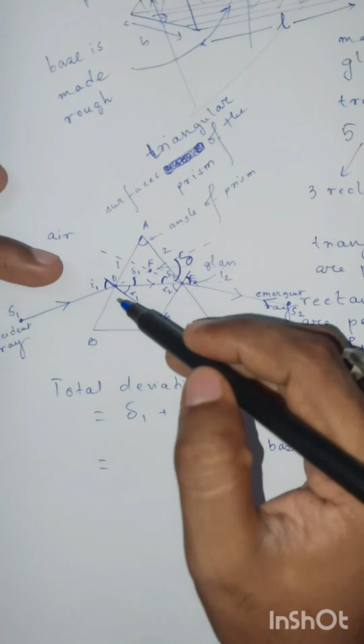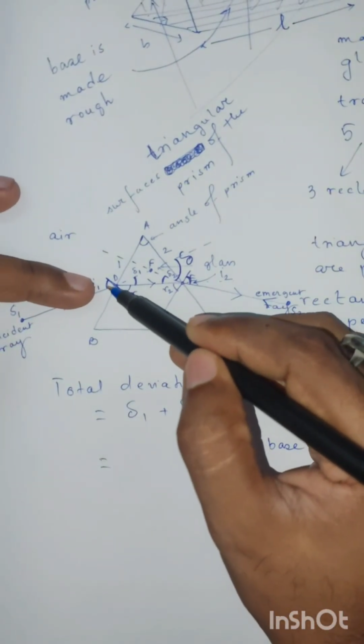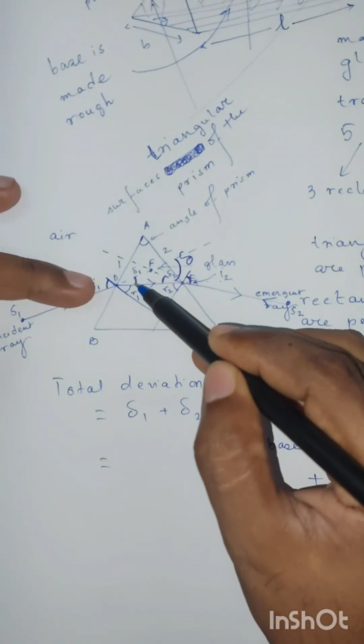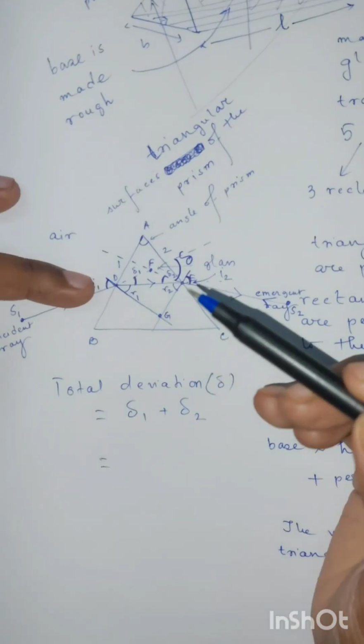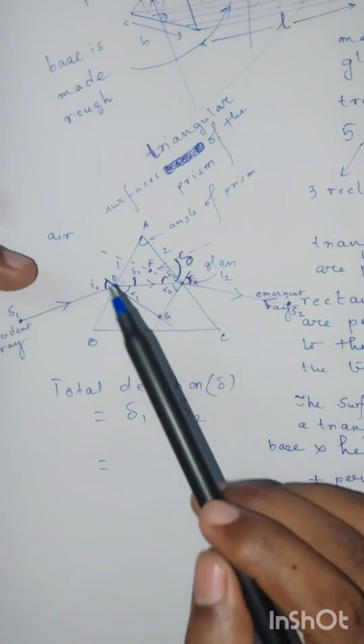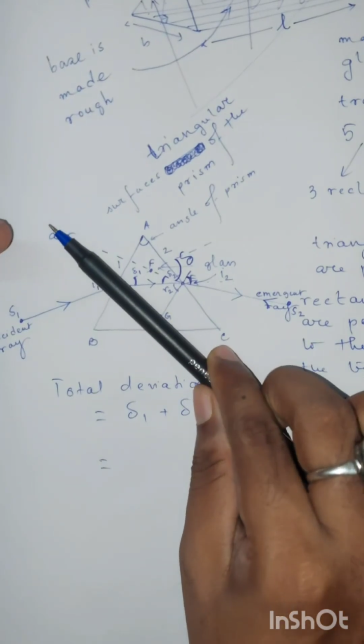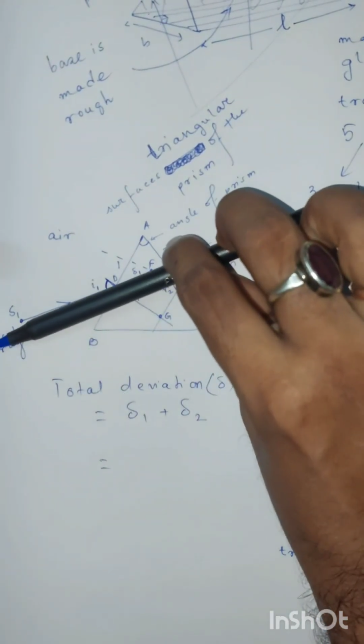See clearly, this angle I1 and the total angle, that means R1 plus delta 1. These are two straight lines. This is one straight line and this is the second straight line.